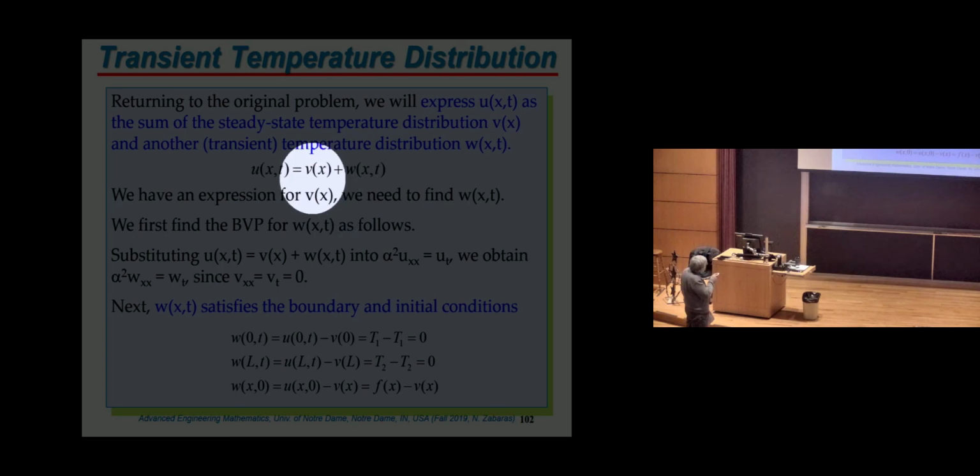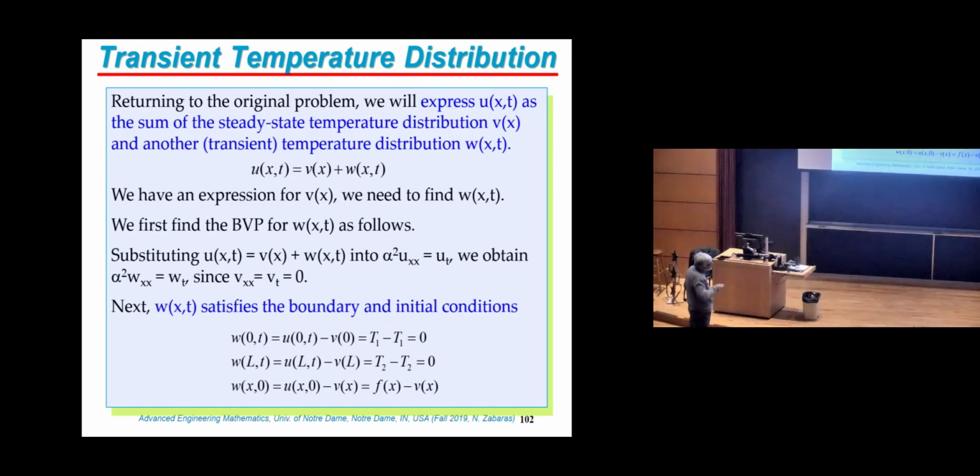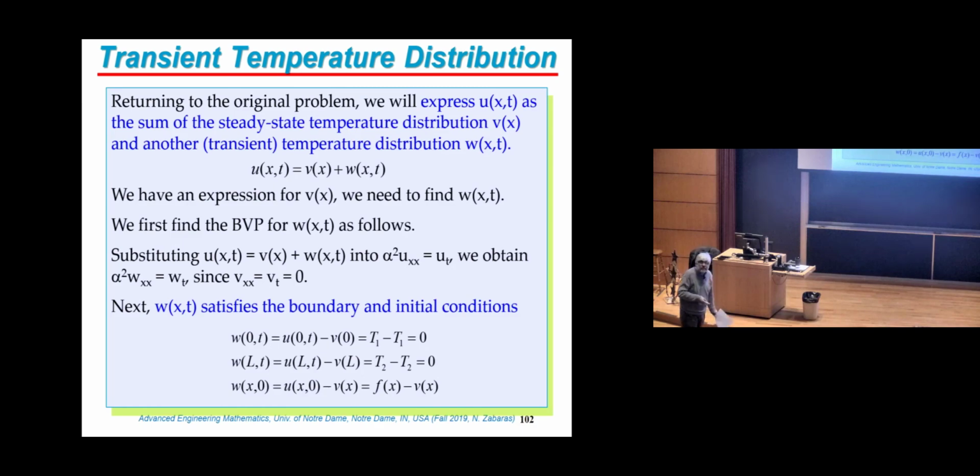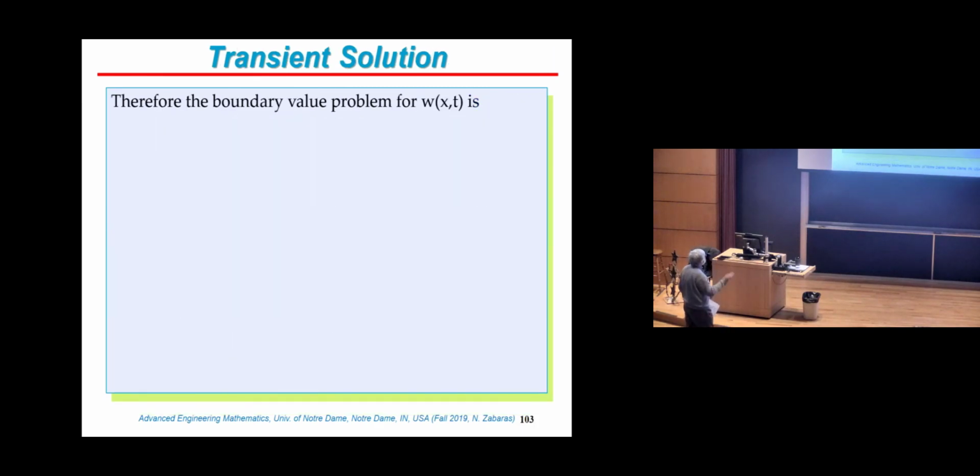Now this is something, V of x. And so the initial condition for W of x and t has to be f minus V of x. So when I add the initial condition on W with V of x, I get f of x. Okay, you got that?